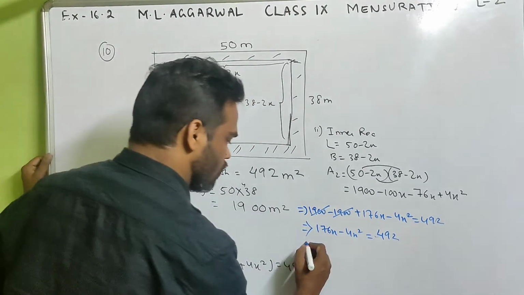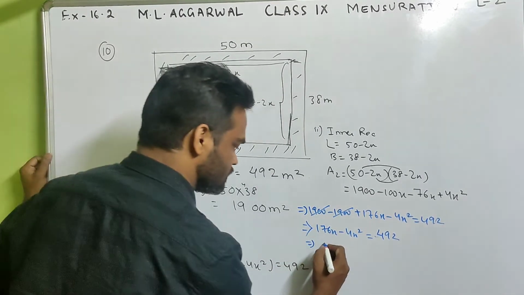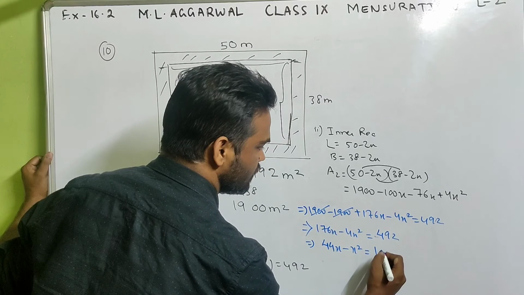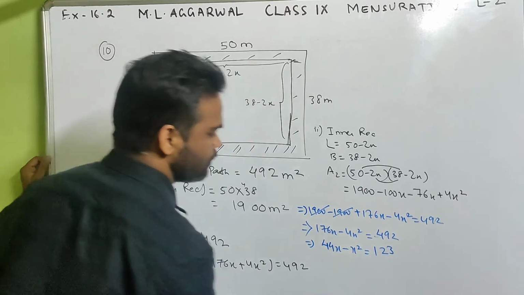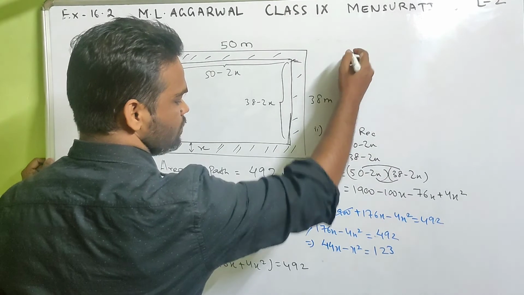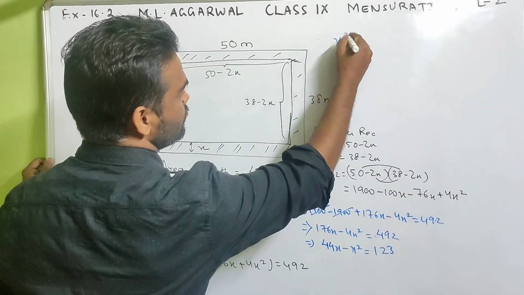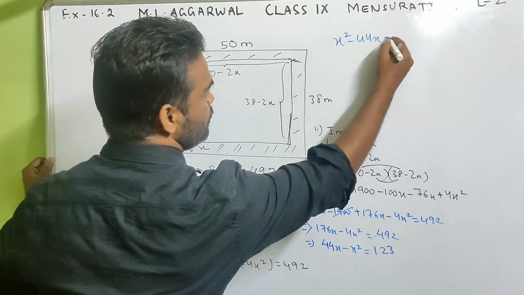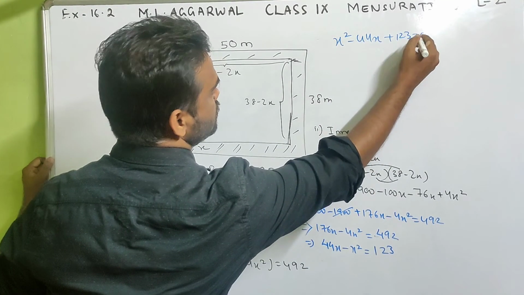I can take 4 common. So this becomes 44x minus x square equals 4 ones are 4, 4 2s are 8, 4 3s are 12, so 123. Now if I take this to that side, it becomes x square minus 44x plus 123 equals 0.